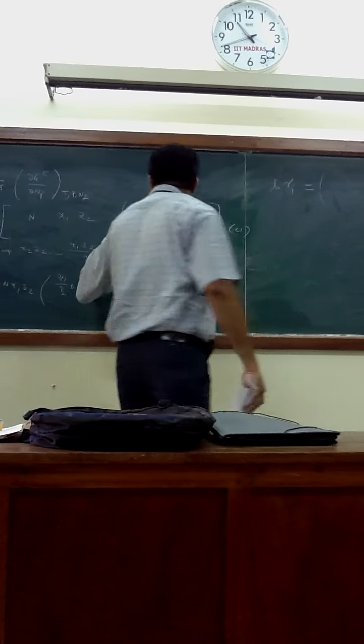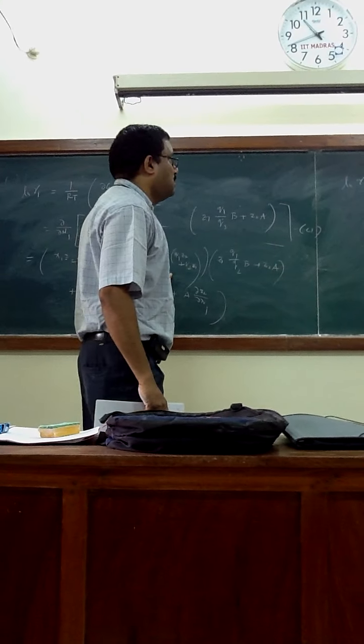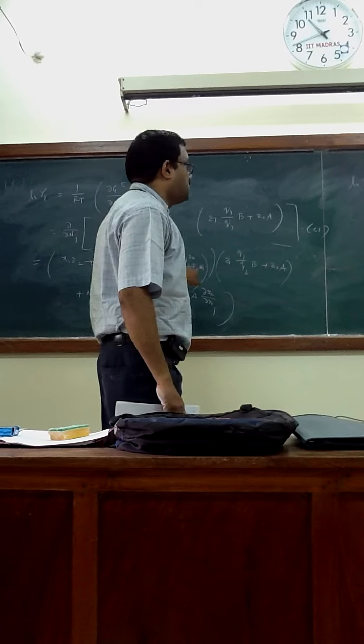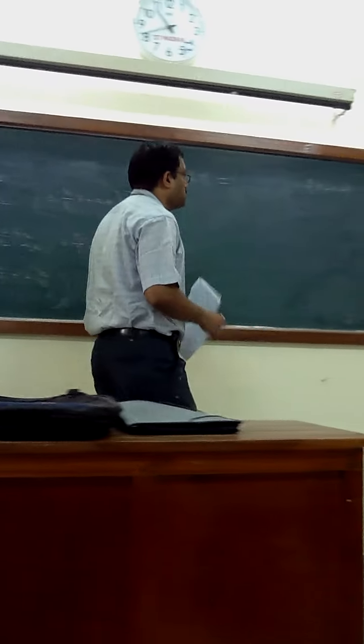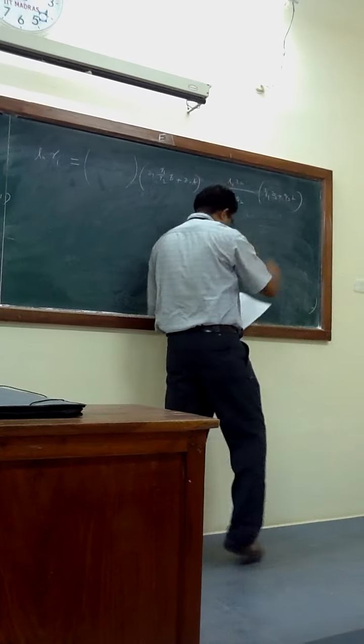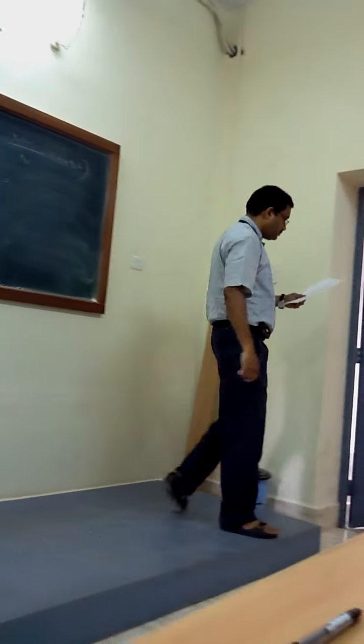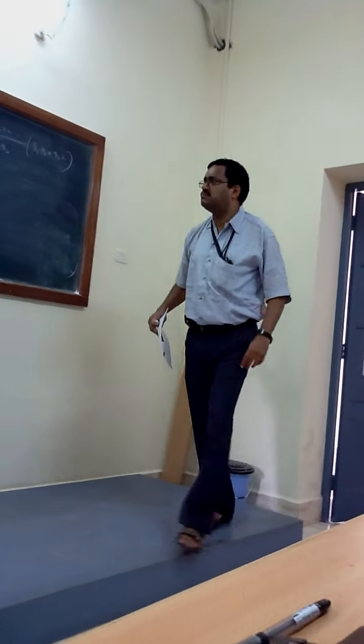This term is a problem creator, right? x1 z2 by q2 into q1 z2 plus q2 z1. How to approach this term? Simplify. What will be this term?